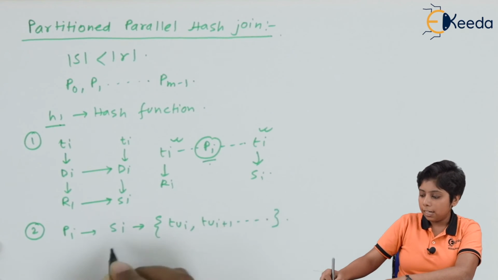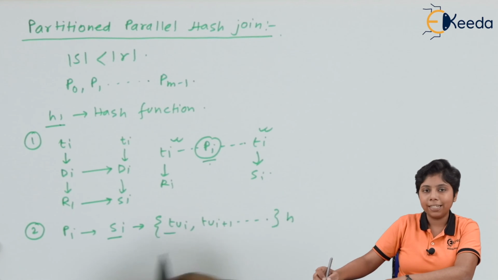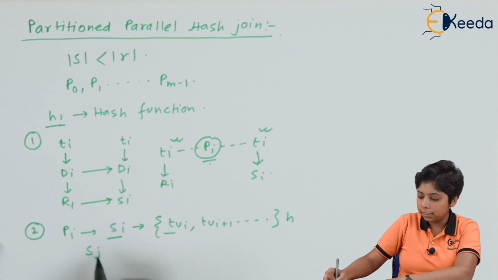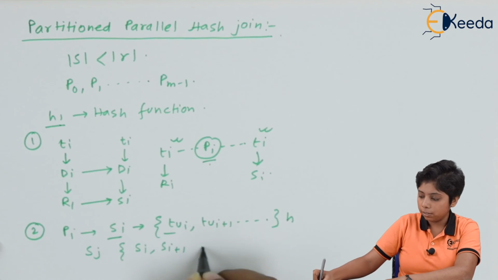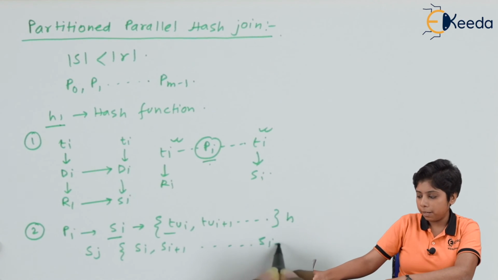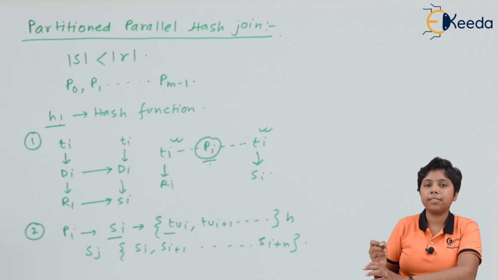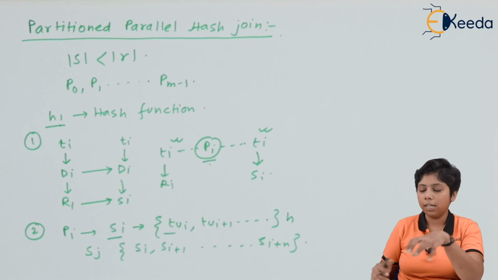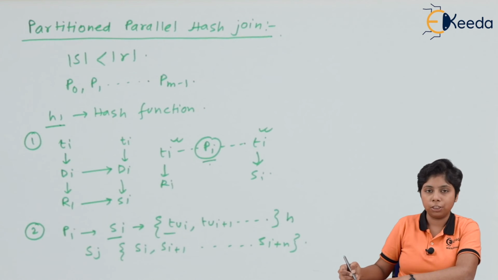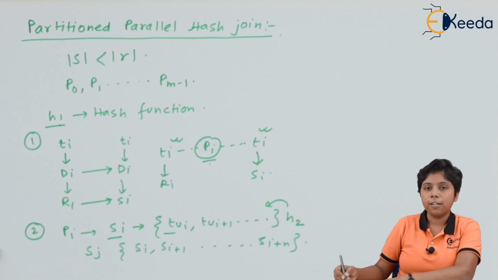Now Si builds an H on this Ti and then creates another set Sj, which consists of Si plus 1 till Si plus n. So in this way, the second step is further partitioning, where we are joining based on another hash function. That means my H2 is now being created with this one and H1 is the initial one.